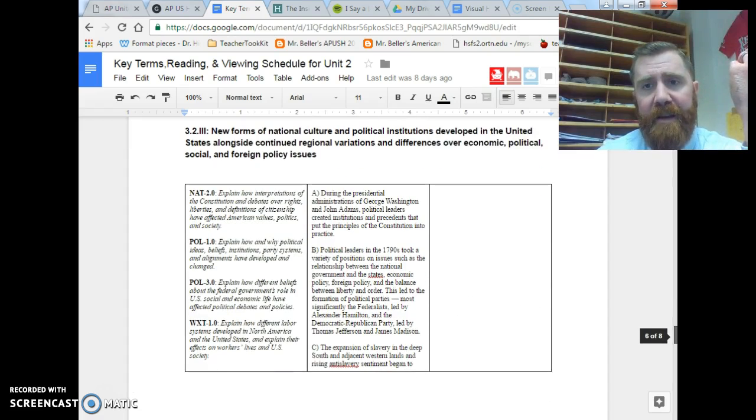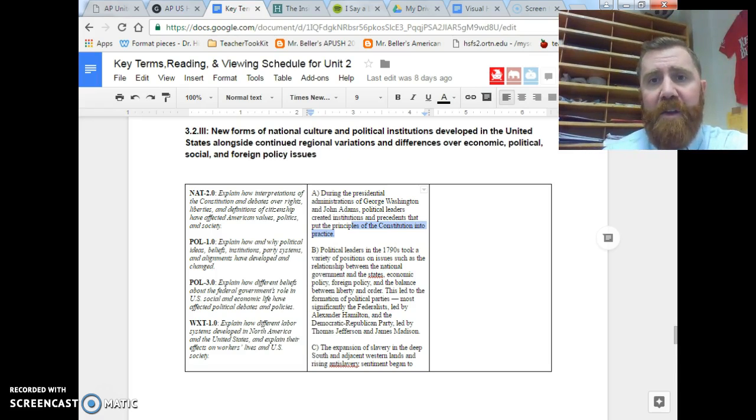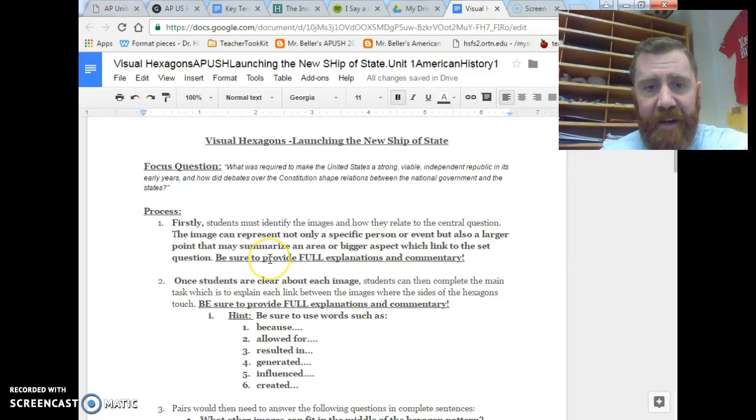Look at these key concepts. Look at the sub points here. Look at the thematic learning objectives. If you're using the key terms and the key concepts or the curriculum framework effectively, then you should have no problem identifying the image and making sure that you're linking it to the question and providing full explanations and commentary.